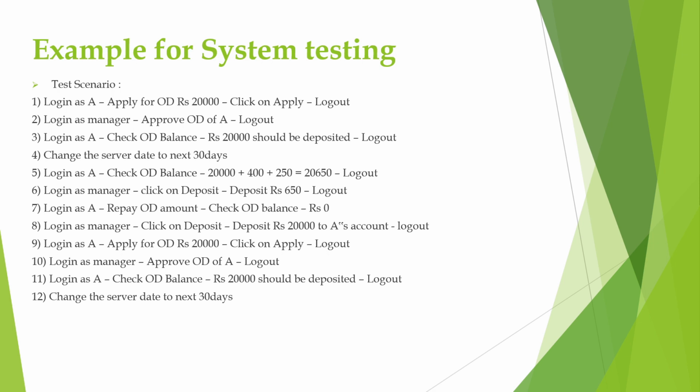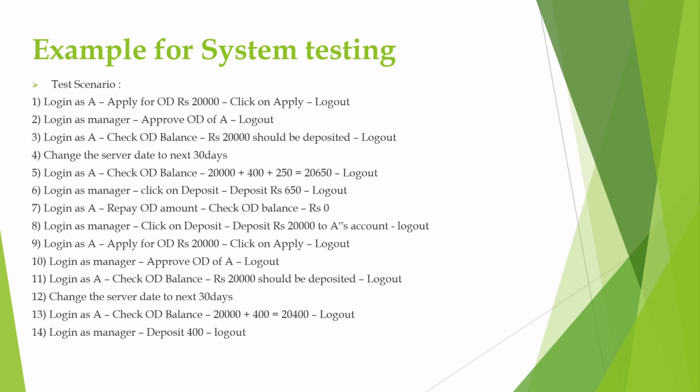Then again we'll change the server date to the next 30 days. We'll log in as customer A and we'll check the overdraft balance. Then we should have a balance of 20,400. If we have that balance, then we'll check and we'll log out. Then again we'll log in as a manager, we will deposit 400, that is the interest fee, then we'll log out.